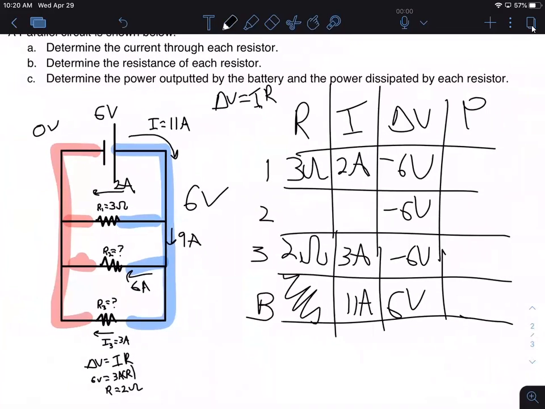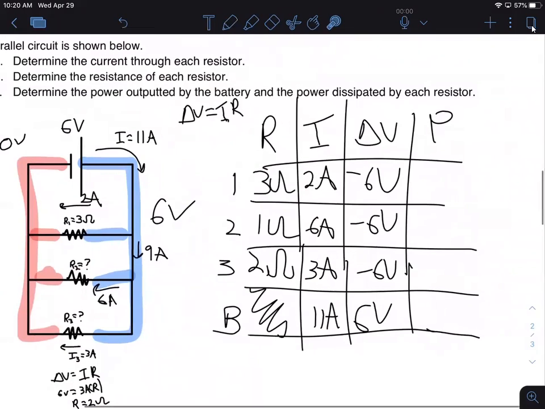Okay, so going through R2, 6 amps. So it must have a resistance of 1 ohm, 6 volts, 6 amps, 1 ohm. 12 watts.